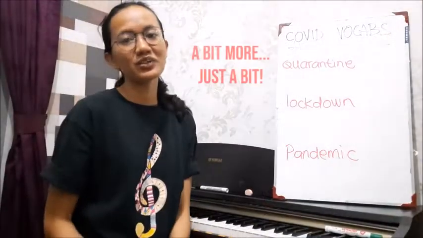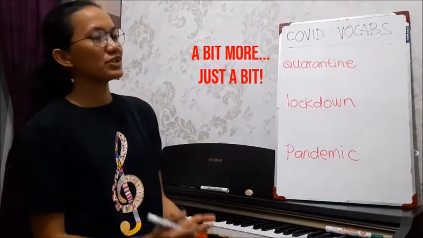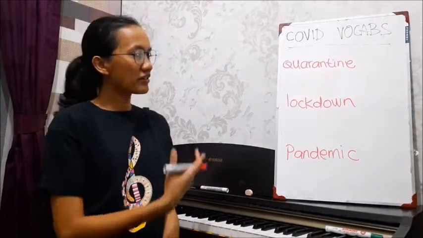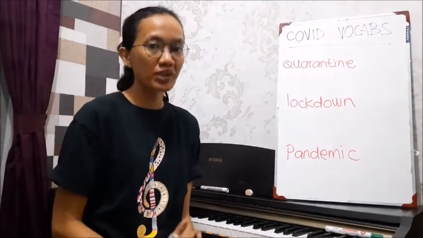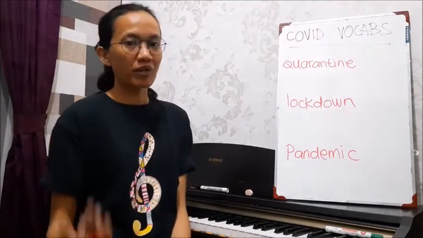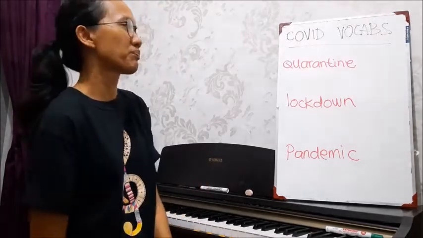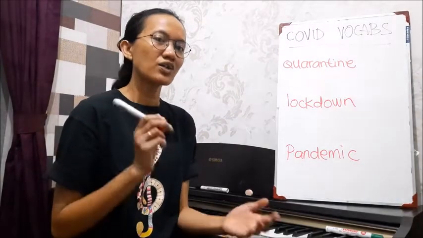Now let's get into even more examples of the rhythm. We have certain vocabulary of coronavirus, three words over here, and again we are going to figure out which group of notes each word will rhyme with. The first one is quarantine.